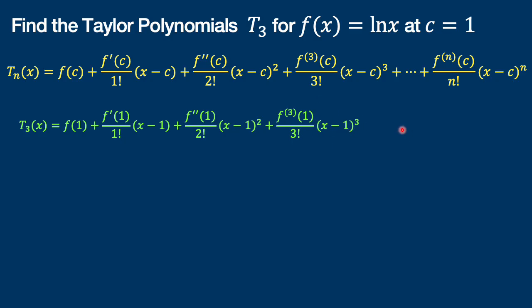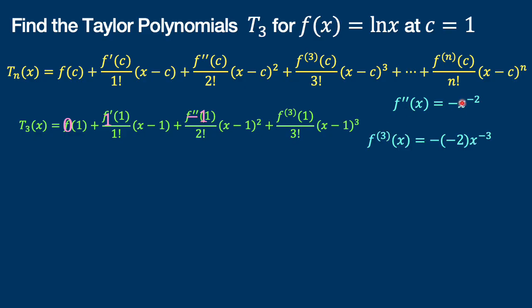We already know f of 1 is 0, f prime of 1 is 1, the second derivative is negative 1. We need to find the third derivative at 1. The second derivative is negative 1 over x squared, the other way to write it is negative x to the negative 2.